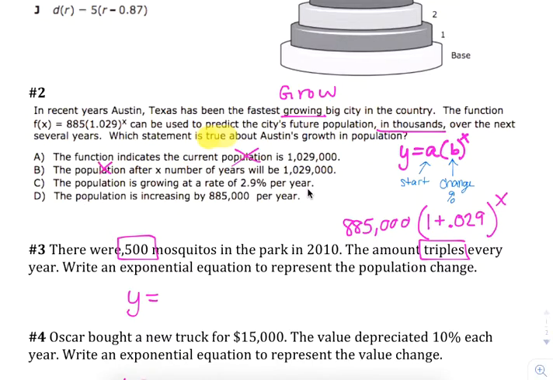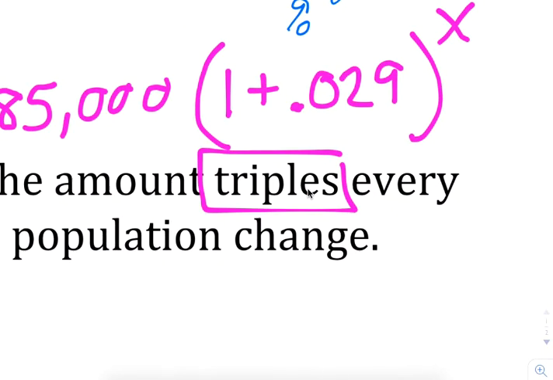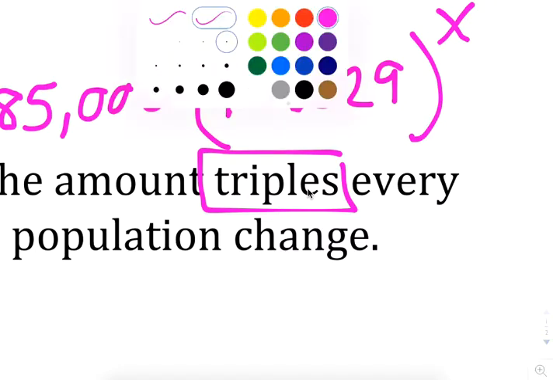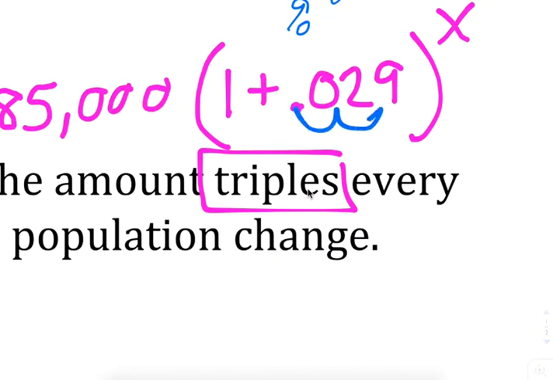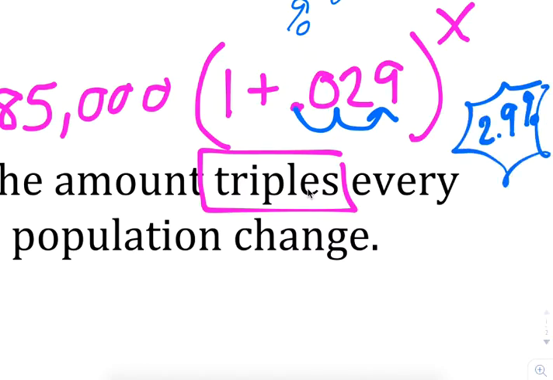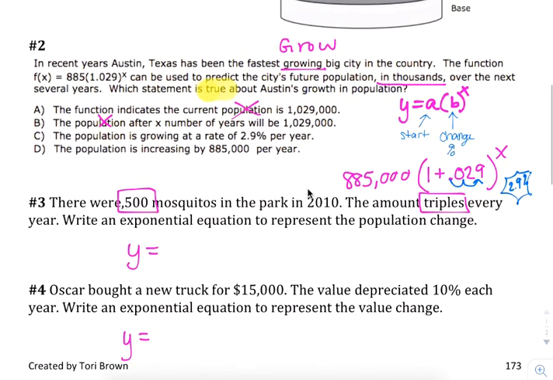Okay. Option C says the population is growing at a rate of 2.9%. Well, we talked about moving the decimal, right? Let me zoom in real quick. If I were to zoom in and move my decimal, boom, boom, wouldn't that be the same as saying 2.9%? Yeah. Okay, and we know it's growing, it's increasing.